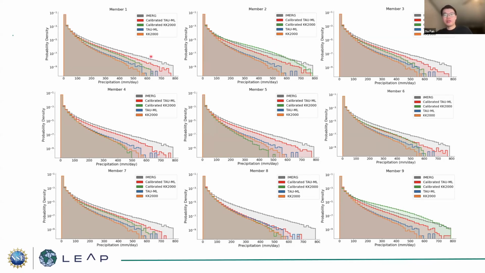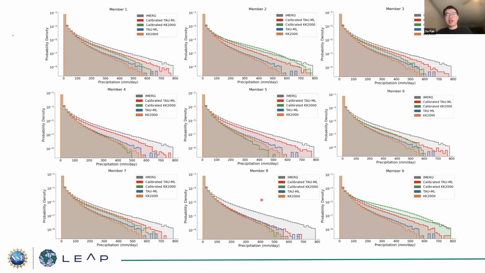But for the other members, member 1, 3, 4, 5, 6, 7, 8, this calibrated KK just shows a poor representation of precipitation. In some cases, it's better than the original KK2000, while in others, like member 8, it's even worse than the original KK2000.